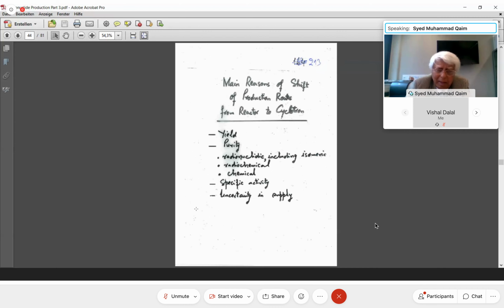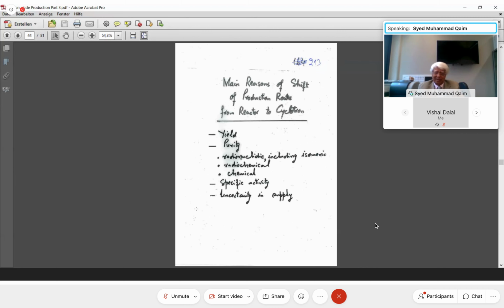But mostly, it is the purity consideration that is the major reason. You want to have higher radionuclidic purity, including isomeric purity, higher radiochemical purity, higher chemical purity. You want to have high specific activity. There is also a reason you want to shift over from reactor to cyclotron, high specific activity.